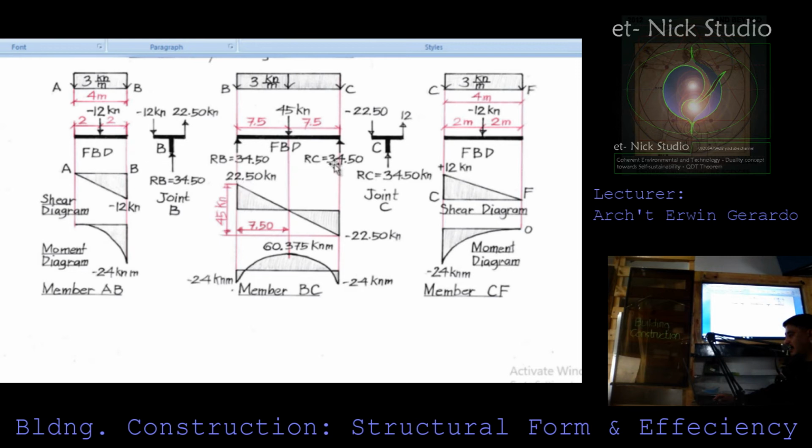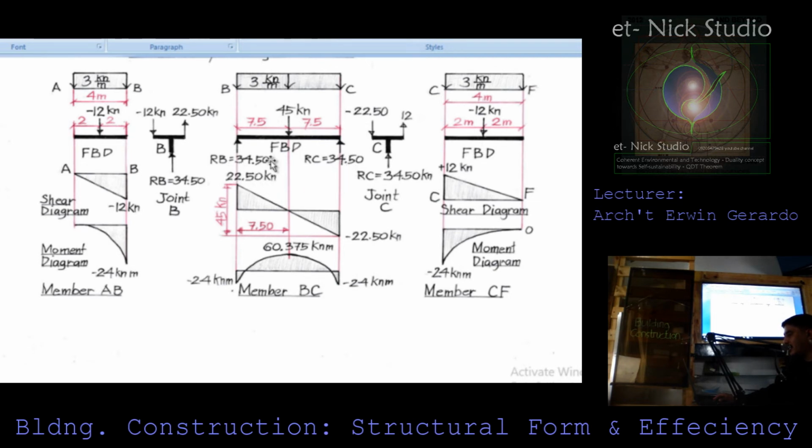Now, to get the total loading, you need to subtract 34.5 kilonewton, which is positive, minus 45 kilonewton. So if we are going to divide the loading here, simply it will be able to carry this load already.